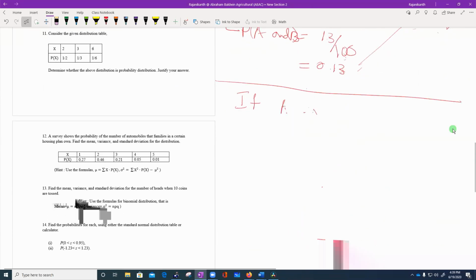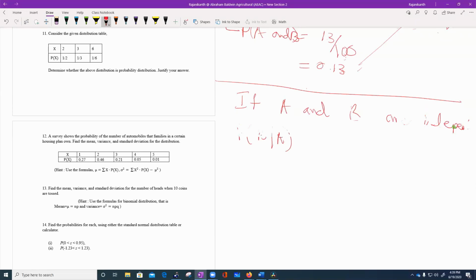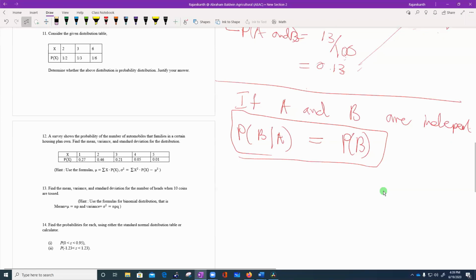If A and B are independent, that means if the conditional probability of B given A equals P of B, whatever you have here, if you see these two numbers are the same, that means these two are independent. If you are not getting the same number, then it is going to be dependent. You could check that here also, right?